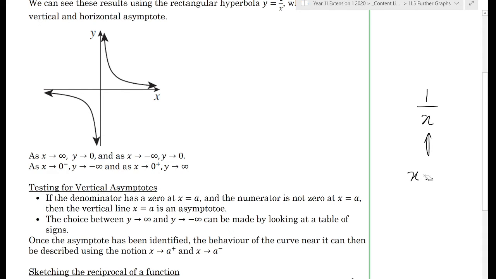Alternatively, if we had 3 over x minus 2, when is that bottom equal to 0? When x is equal to 2. But the top line is also not equal to 0, 3 is not 0, so that's fine.